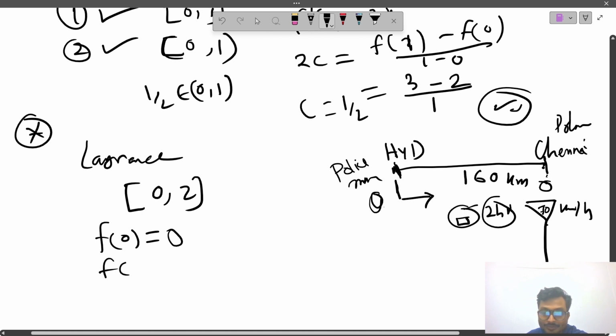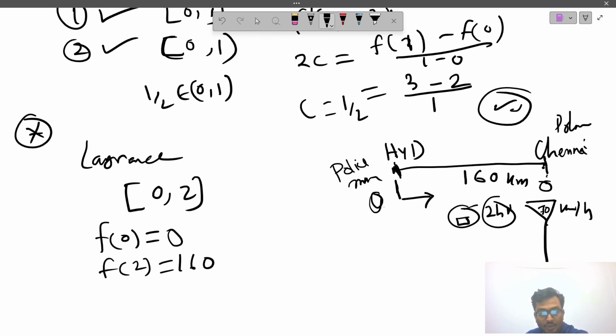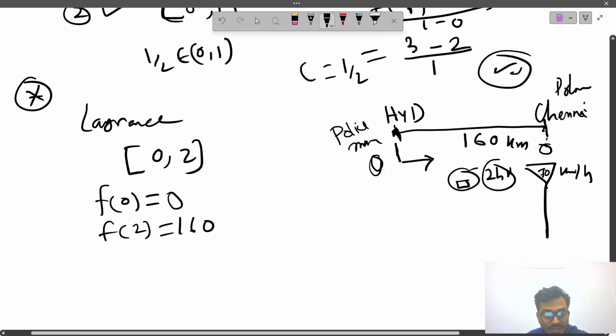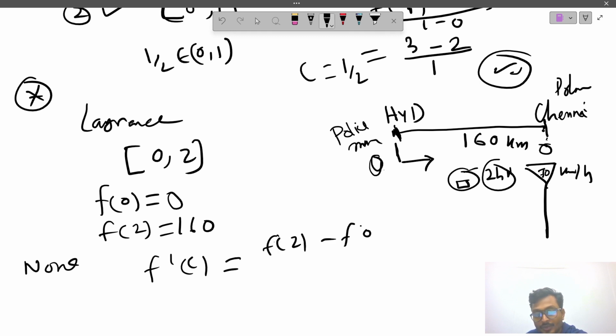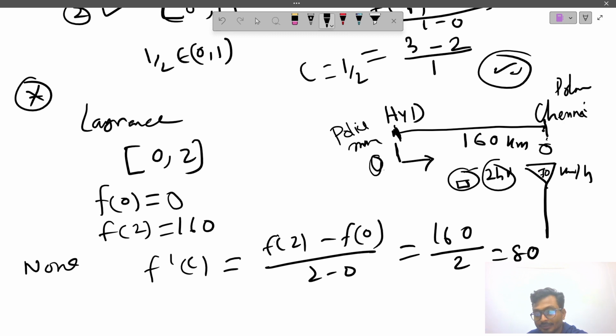Now f of 2 is 160. Now what is f dash c? It is (f(2) minus f(0)) divided by (2 minus 0). So this is 160 divided by 2, that means 80.